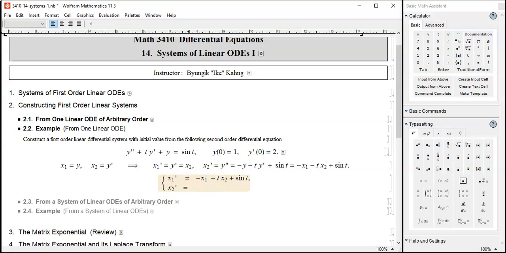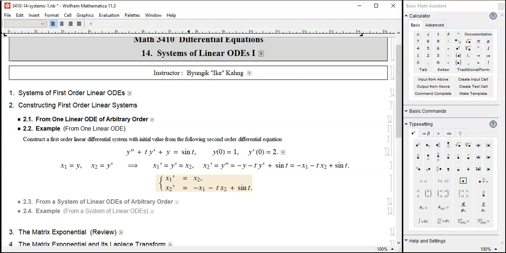Let's put some space in between, just for aesthetics. Oh, wait a minute. I made a mistake. That should come down here. You see, this is second thing. And this is the first line. Sorry about that. That should be x2. Okay, all right. Now that looks better.